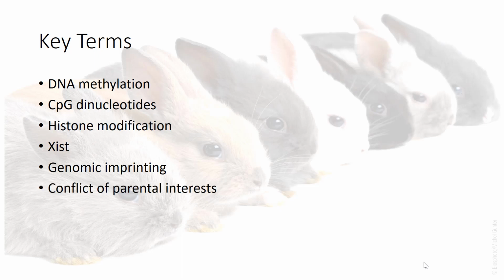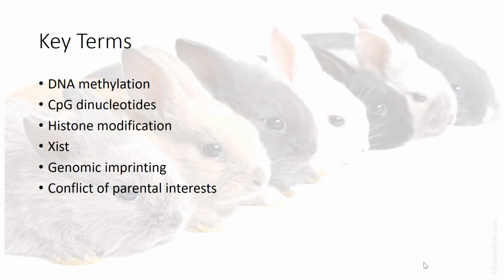So the conflict of parental interests is a hypothesis to explain why genomic imprinting exists. And this is something we'll talk a lot about on Monday. The hypothesis says this: the father is most successful when his offspring grow as quickly as possible to reach sexual maturity.